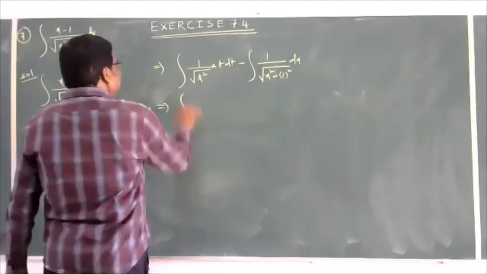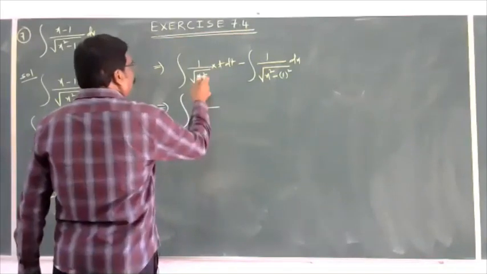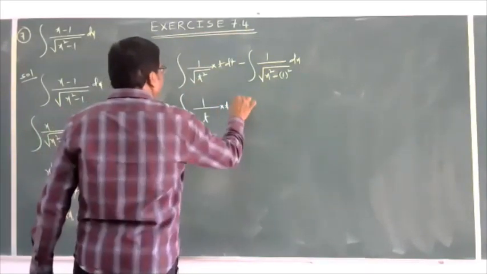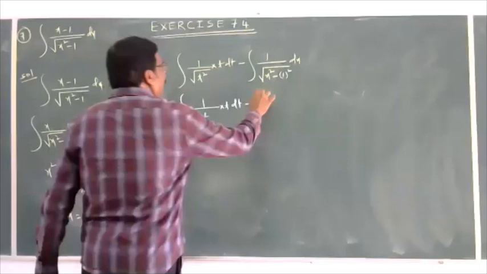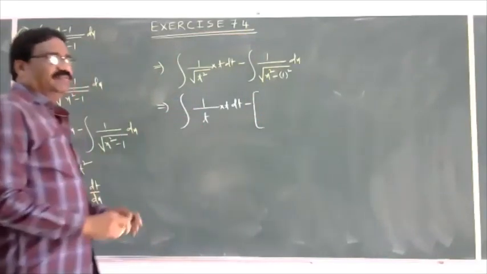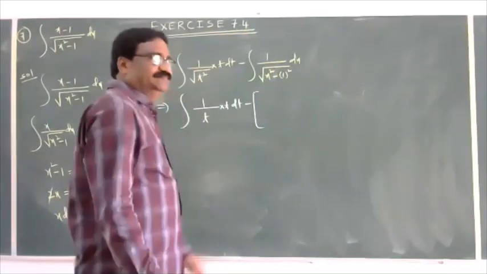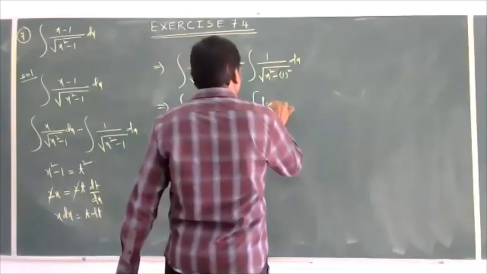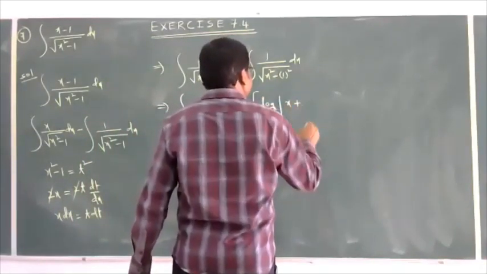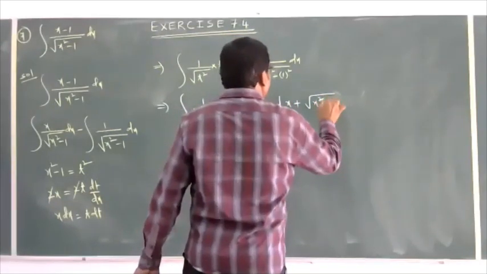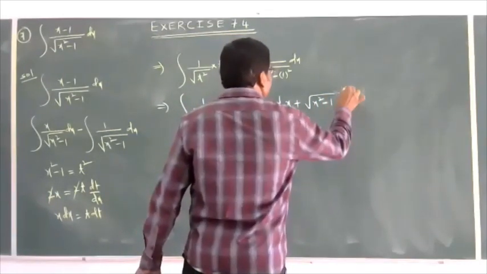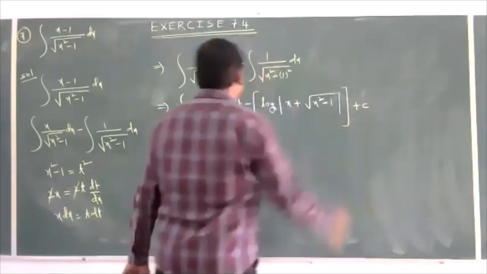So that implies integral 1 by t root of t square into t dt minus, here what is the formula? Integral 1 by root of x square minus a square is log mod x plus root of x square minus a square, that is 1, plus c.